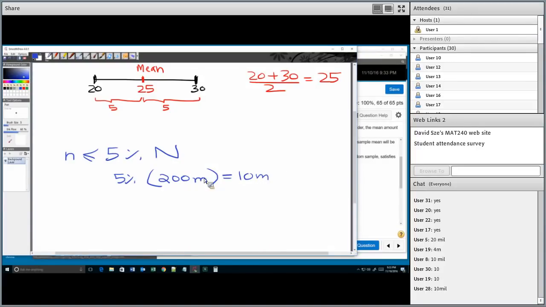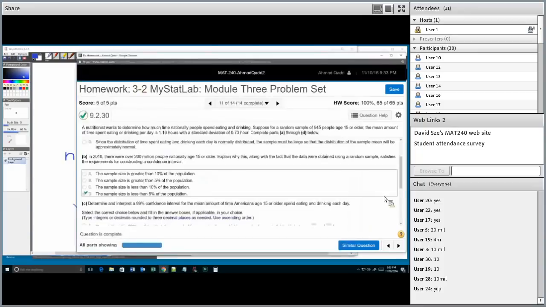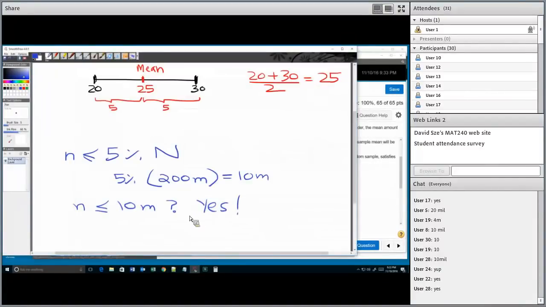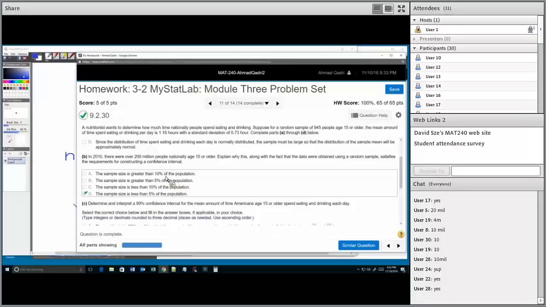So 10 million should be your limit. So is your n less than or equal to 10 million? Yes, it is, because your small n is 945. That's the sample size. So 945 is much less than 10 million. So the conditions are met.